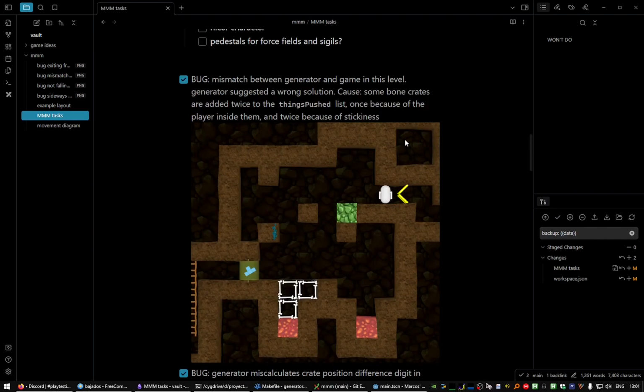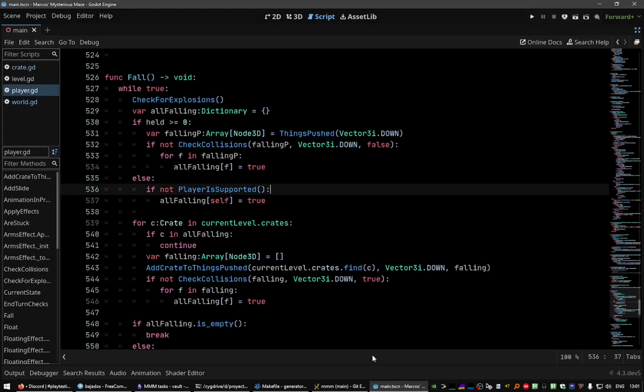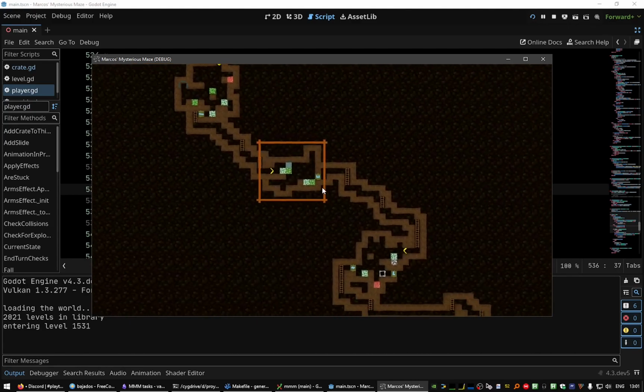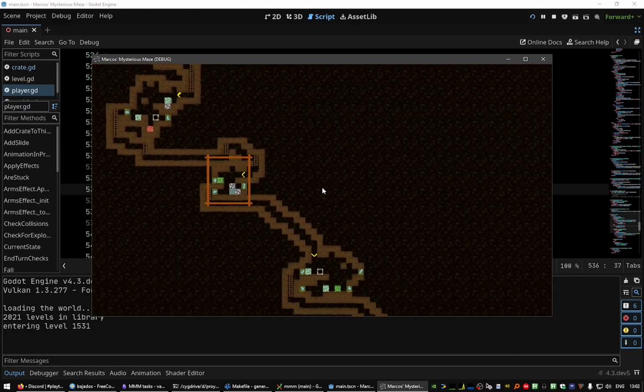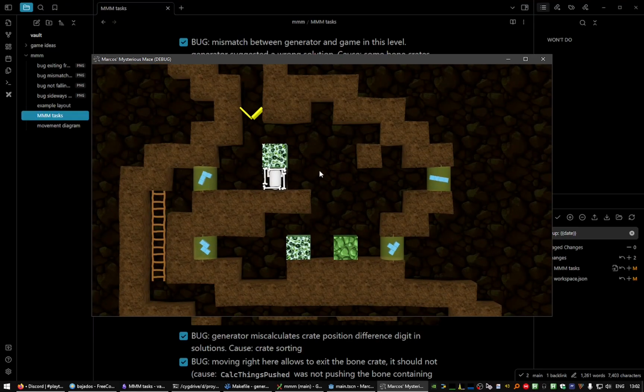And there is this one. This bug was a bit complicated. It's a bit complicated to show now because it's fixed, but there were situations similar to this one, in which this only happened.